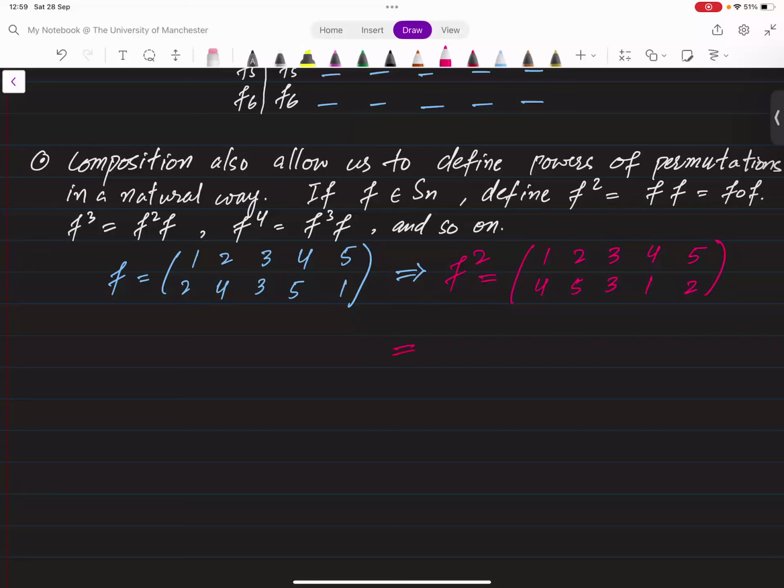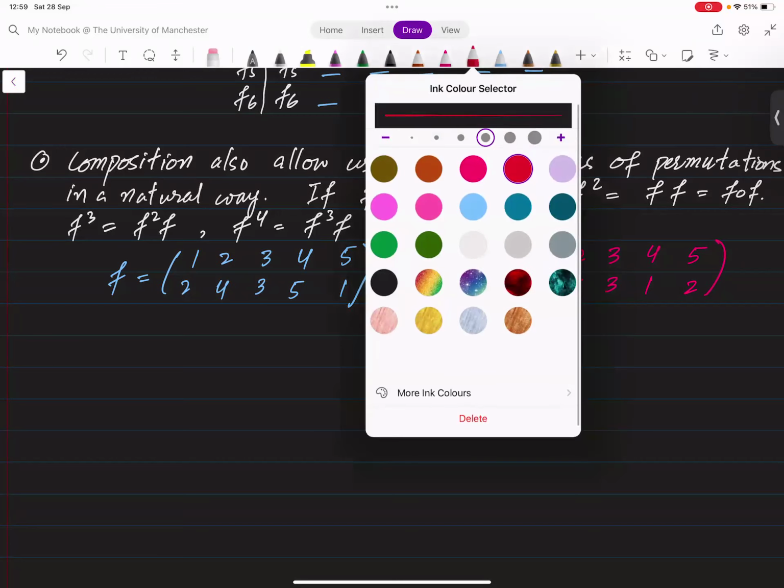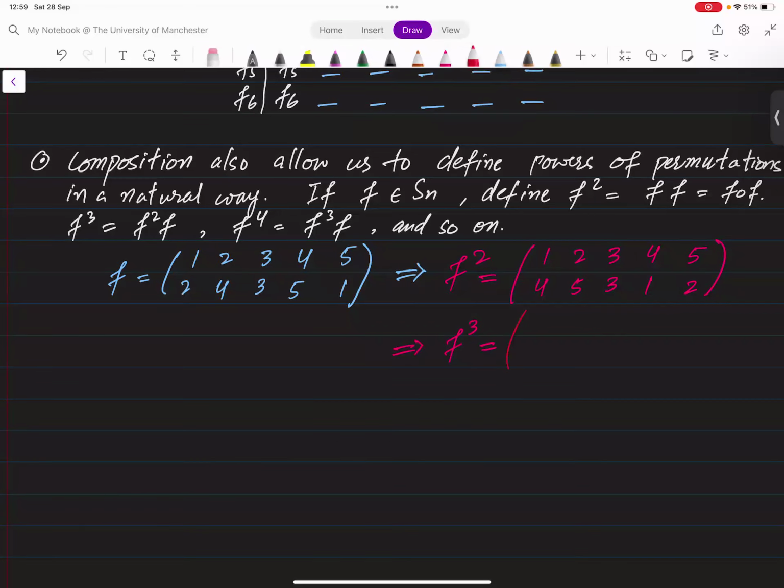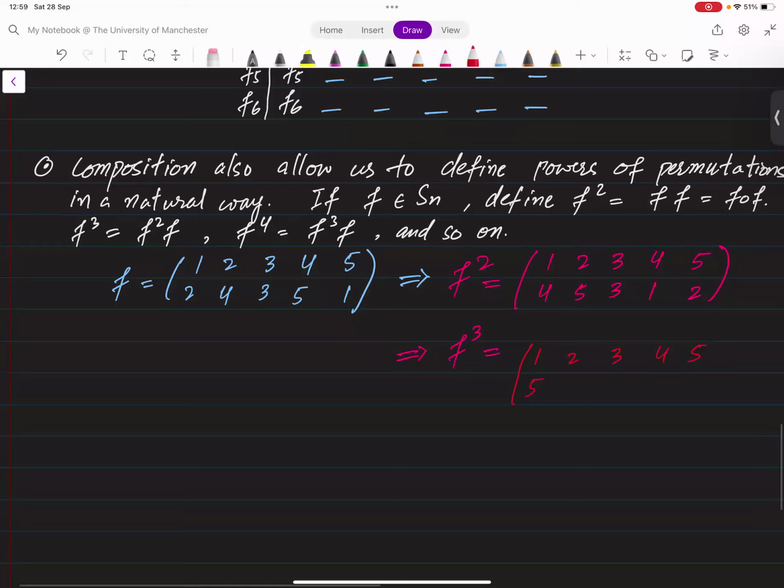And also, f cube is going to be 1, 2, 3, 4, 5, and 1 goes to 5, 2 goes to 1, 3 is fixed, 4 is 2, and 5 goes to 4.